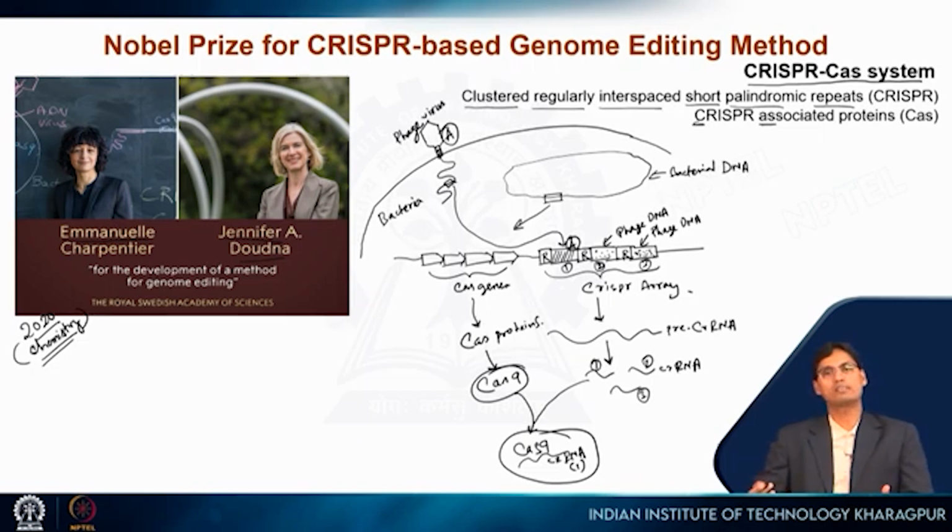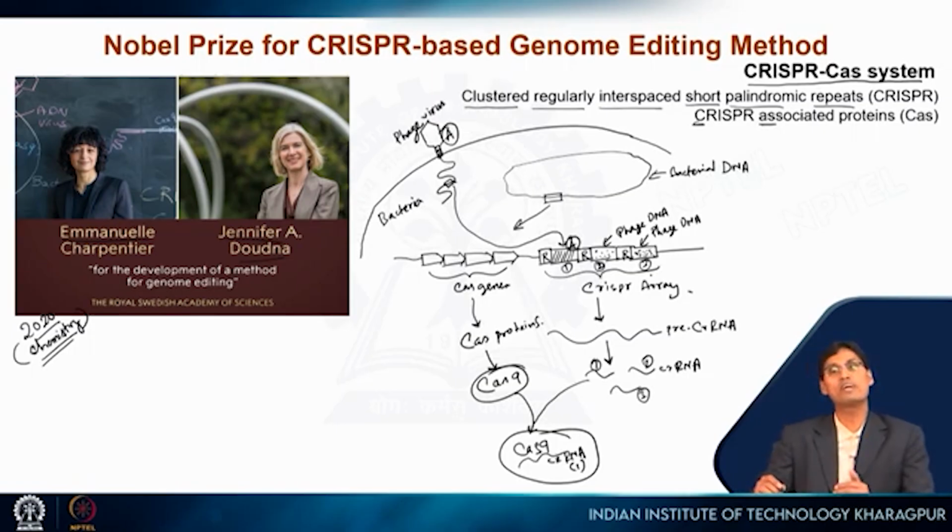Initially, they will be infected, and during the infection, they are acquiring this short segment of the DNA. But if some new virus infects this bacteria, it does not have this signature motif in its DNA. So during that time, it will go through the infection cycle, and then it will acquire a small segment, and it will be integrated with the CRISPR array.